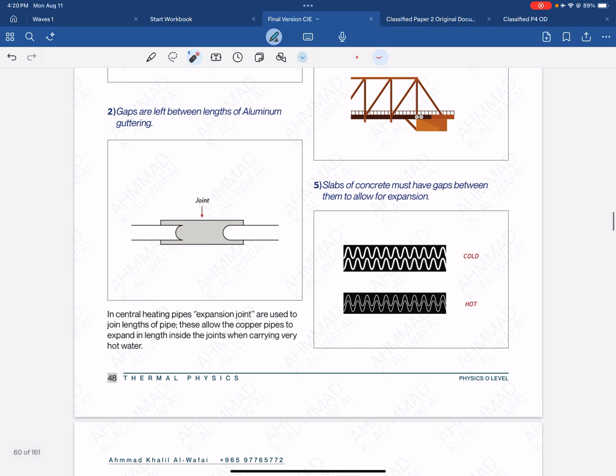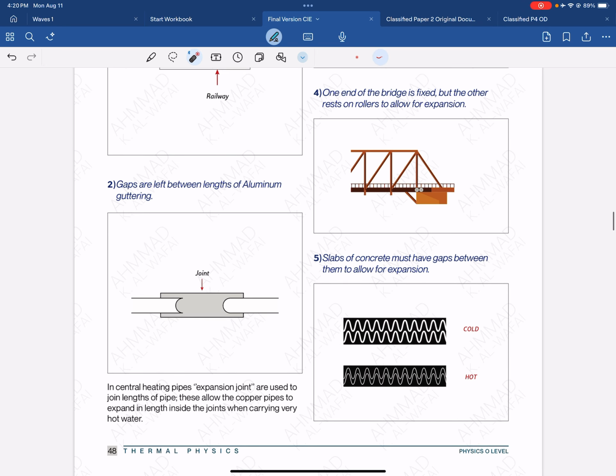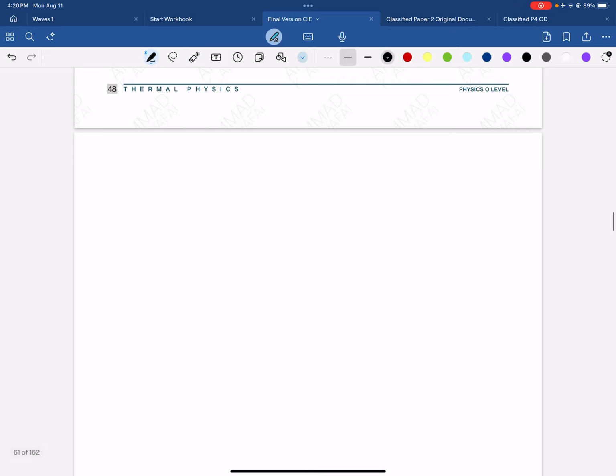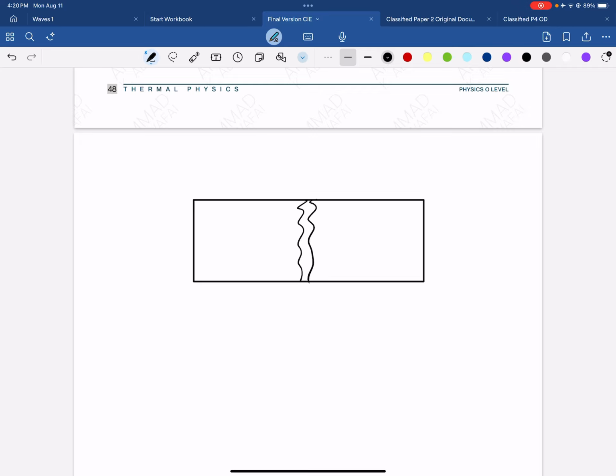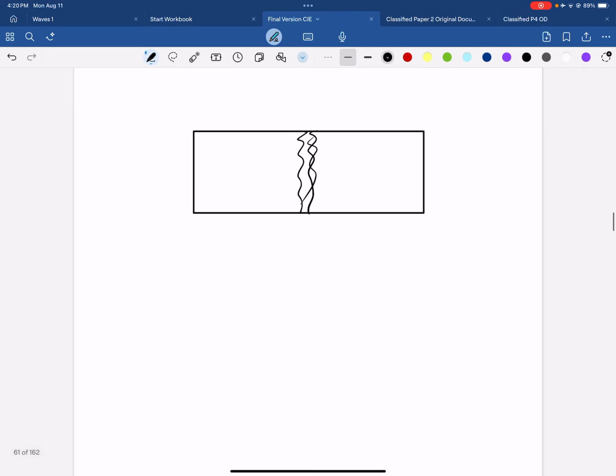Now, what is buckling? Buckling is when an object expands on itself and starts to bend. You could have a concrete slab like this, usually in regular shape. Let's say you have these expansion joints and it's the summer and it hasn't been properly fixed.